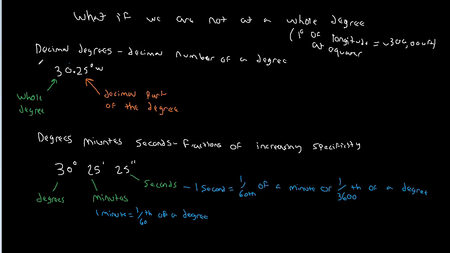So what we're going to do in the next video is go through an example and an explanation of how to convert back and forth between decimal degrees, where you have the whole degree and then the portion of the degree that you traveled, and degrees, minutes, and seconds, where you have the whole degree, some fraction in minutes of that degree, and then some fraction of minutes measured in seconds.